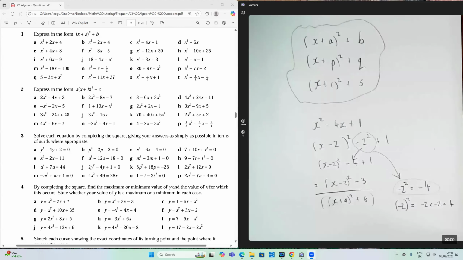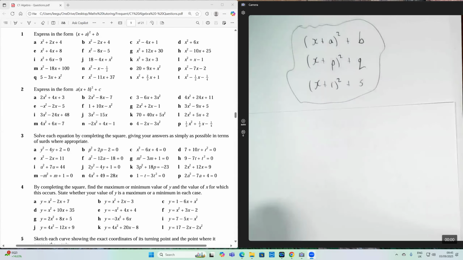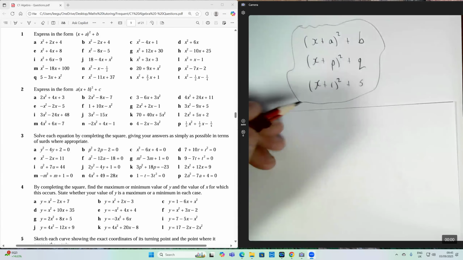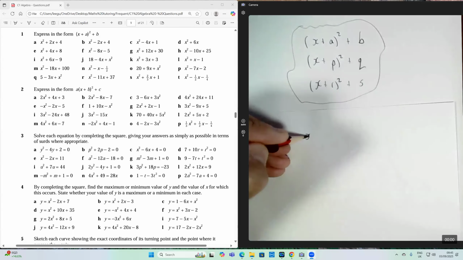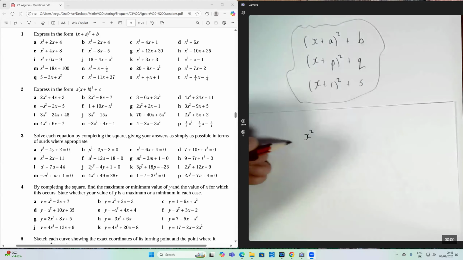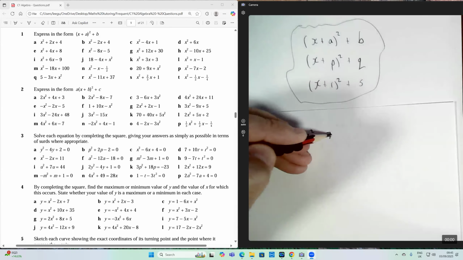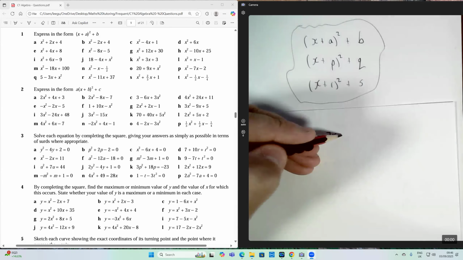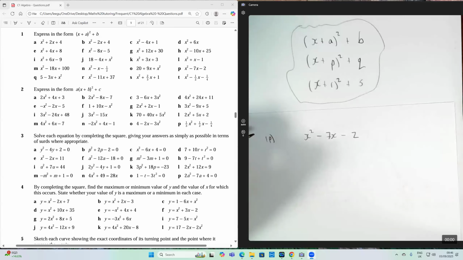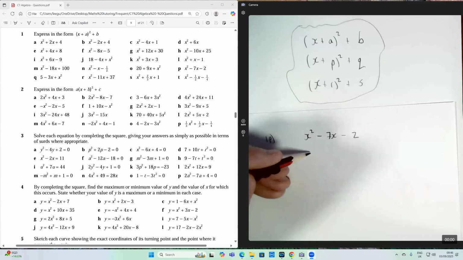Okay, one more of those, and then we will have a look at, actually, let's do one where when we halve it, it gives us a fraction. So I'm going to do the one there that's called P, question 1p, x squared minus 7x minus 2. Okay, so what we're going to do is halve that.